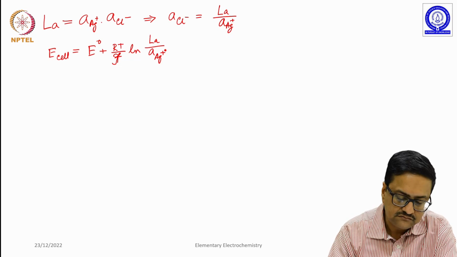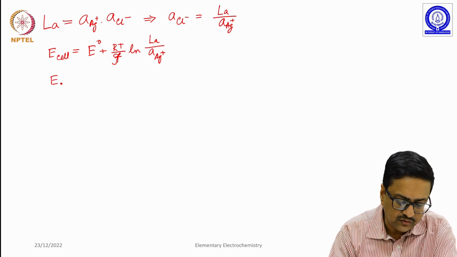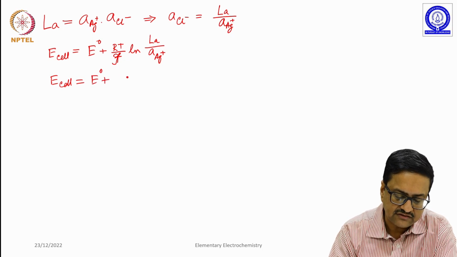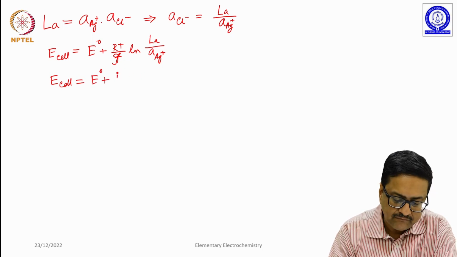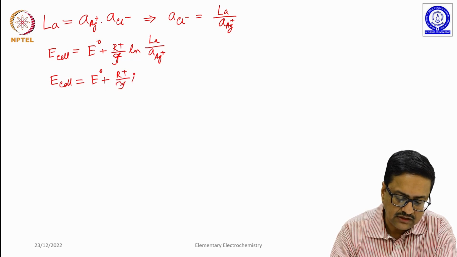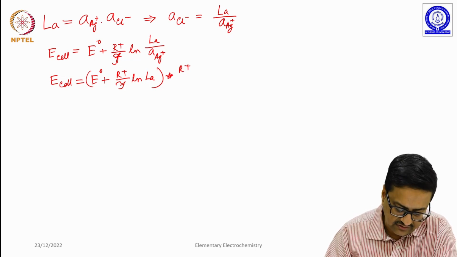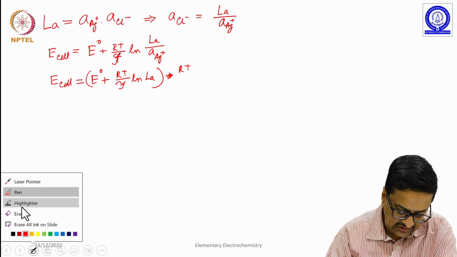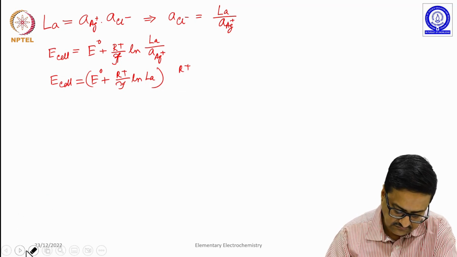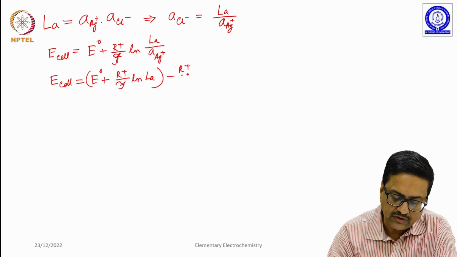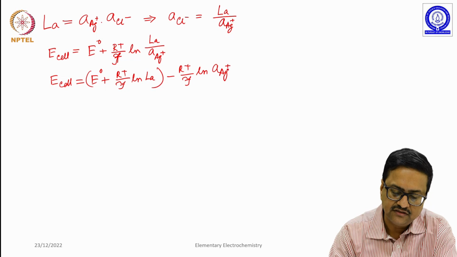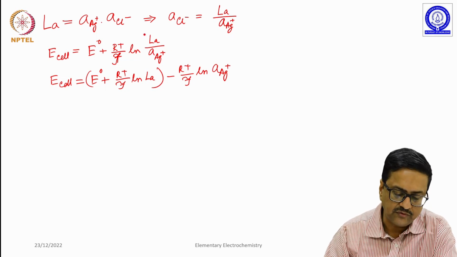So, now we again break it down. E cell equal to E0 plus RT by F ln Ksp, minus RT by F ln activity of Ag plus. You see, from numerator it has come to denominator.